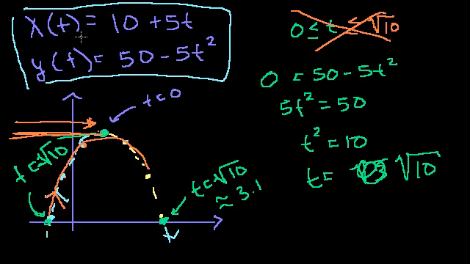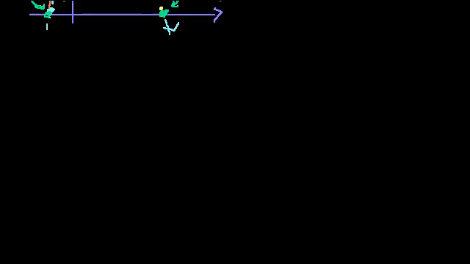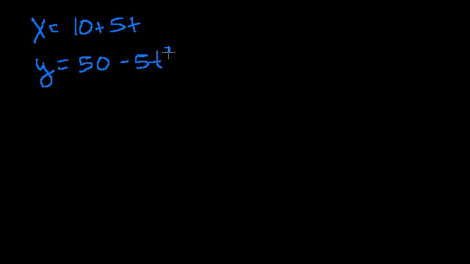And let's try. So the easiest thing to do is let's just rewrite them, just so we clean up our board. So if you have x is equal to 10 plus 5t, and y is equal to 50 minus 5t squared.